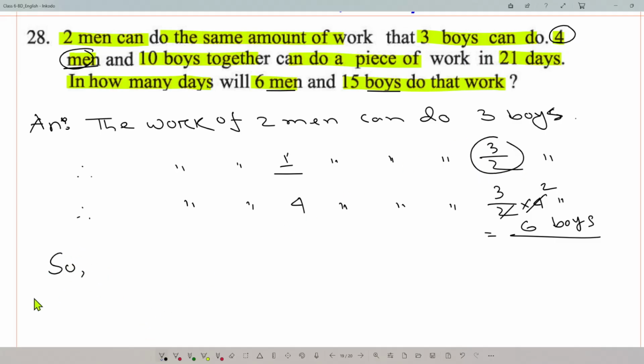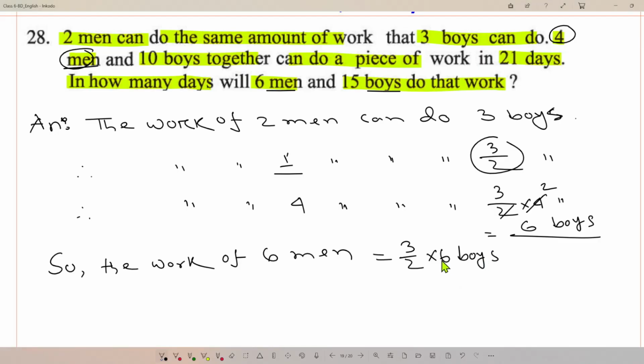So the work of 6 men equals to 3 by 2 times 6 boys. So 6 divided by 2, here is a 3, 9 boys. It means 6 men equals to 9 boys.